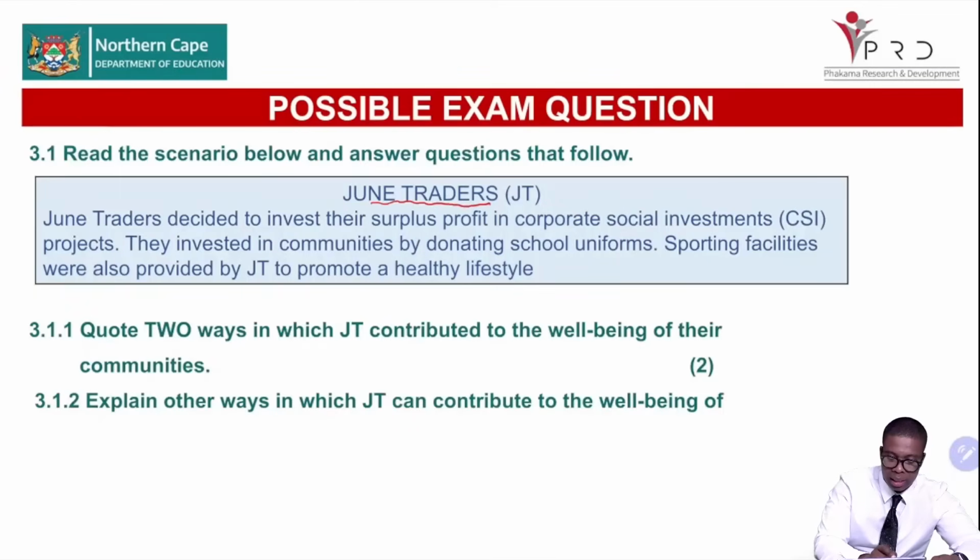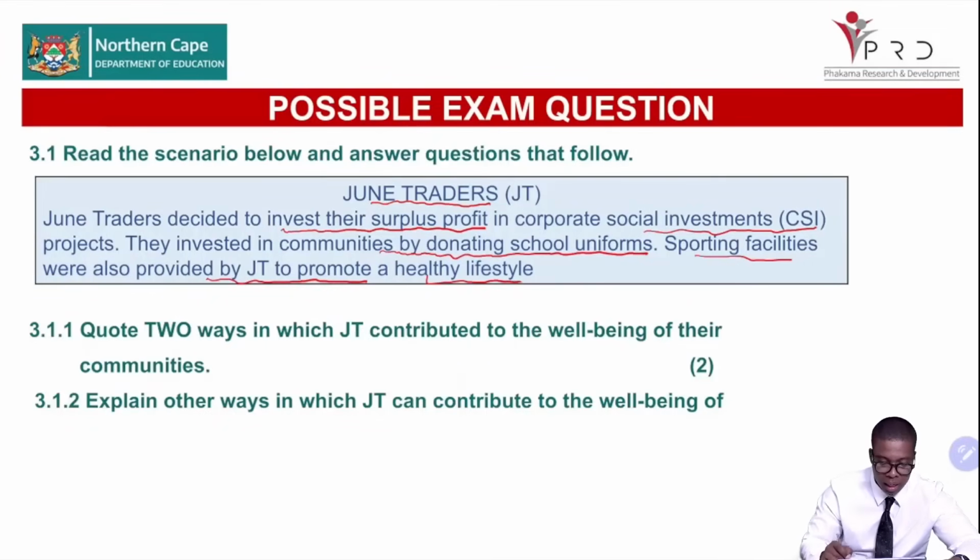June Traders decided to invest their surplus profits in corporate social investment projects. They have invested in communities by donating school uniforms, and sporting facilities were also provided by JT to promote a healthy lifestyle. Now, 3.1.1, quote two ways in which JT contributed to the well-being of the community.